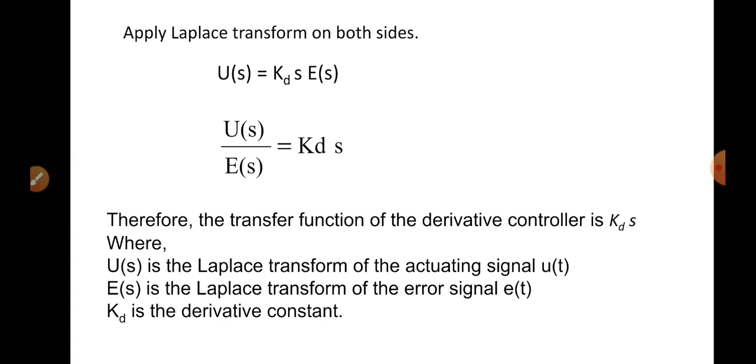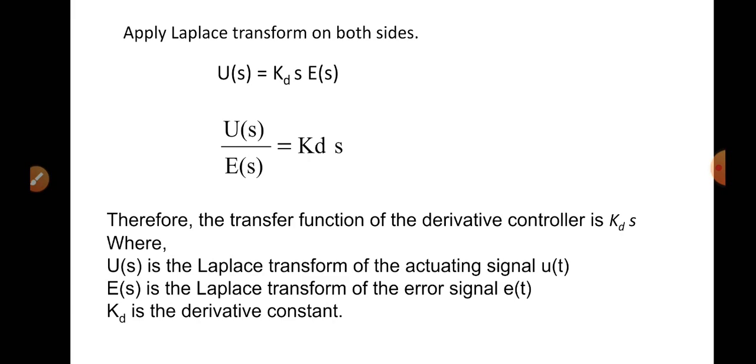U(s) is the Laplace transform of the actuating signal u(t), and E(s) is the Laplace transform of the error signal e(t). Remember that Kd s is the transfer function of a derivative controller.